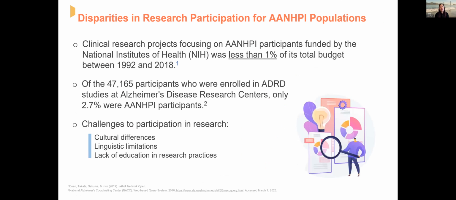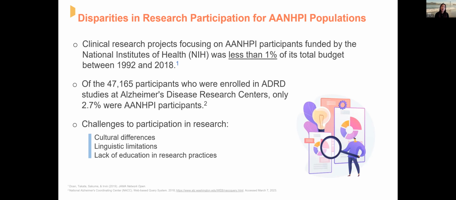Many of you already know that Asian Americans, Native Hawaiians, and Pacific Islanders are severely underrepresented in research. A paper published a couple of years ago looked at the NIH budget and how many dollars went into research studies targeting these communities.